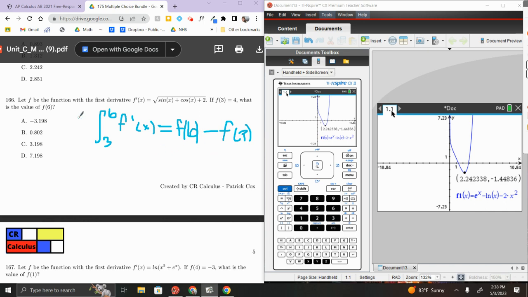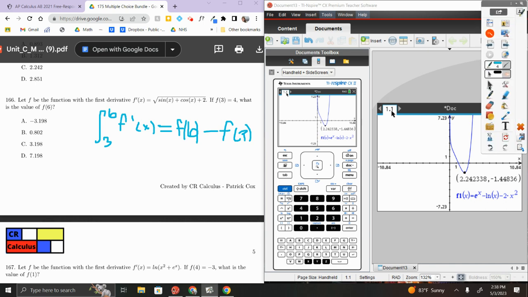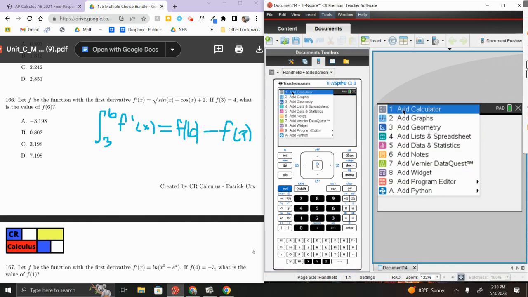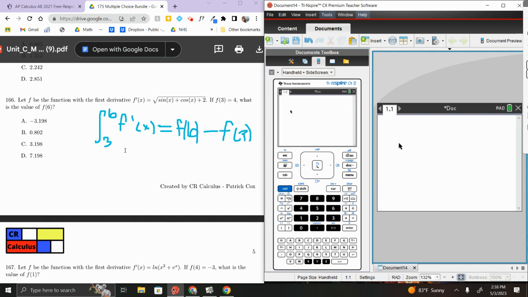So now your calculator is going to do all this for you. Let me get out of this. So just go back to a normal calculator page. First thing we're going to do is we're going to evaluate this integral.